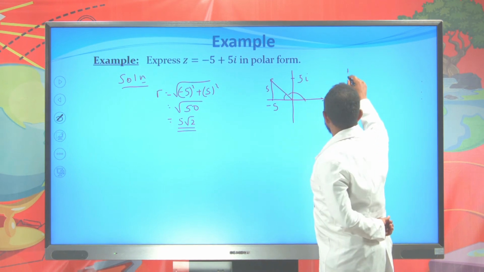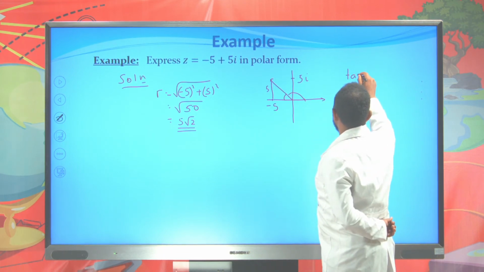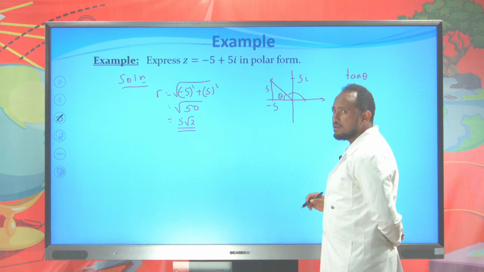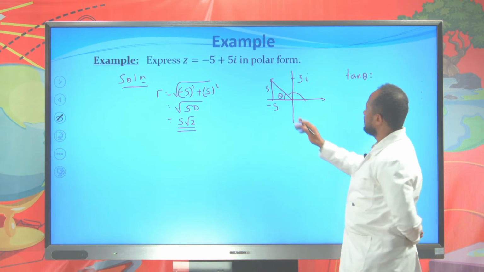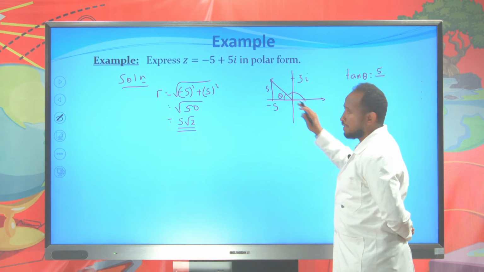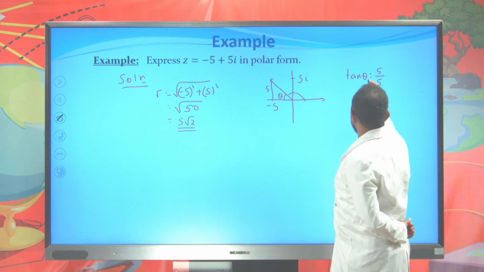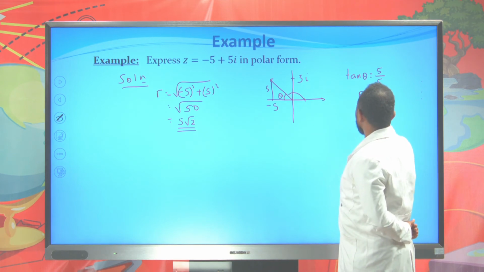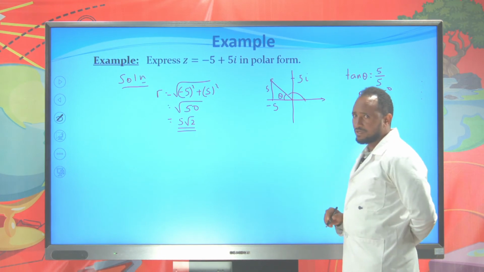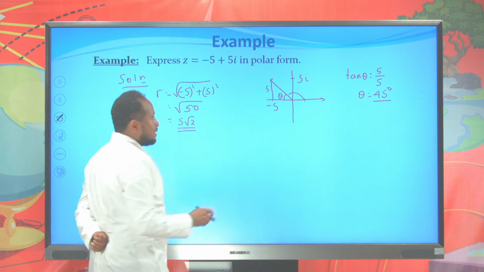Taking this triangle, tan of theta, assuming theta is this one, is the opposite side, 5, over the adjacent side, also 5. I'm taking the magnitude only. Therefore, tan theta is 1. From this, you can see that theta is 45 degrees.